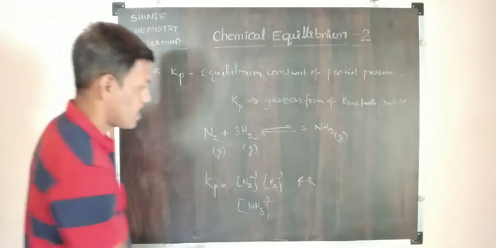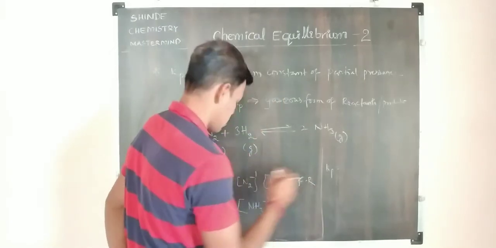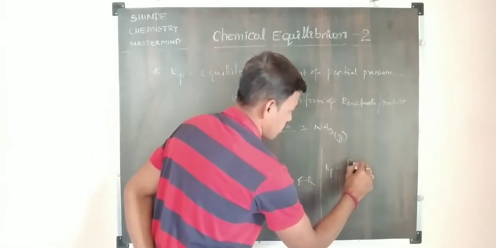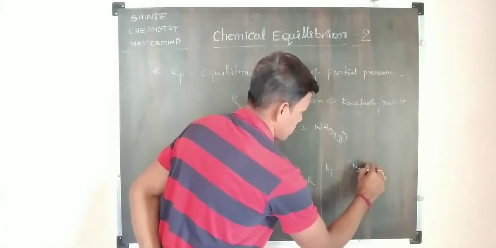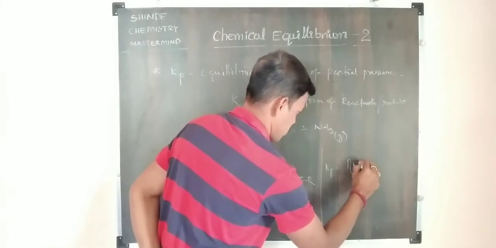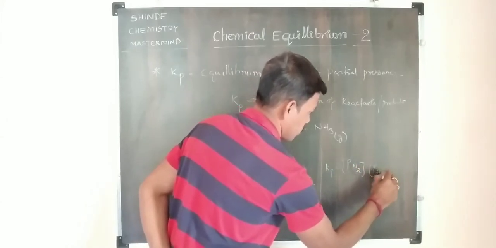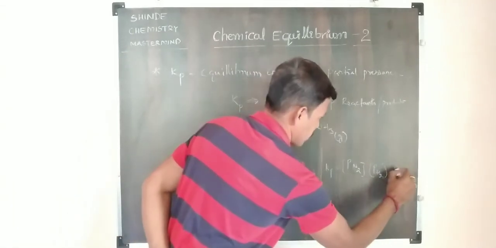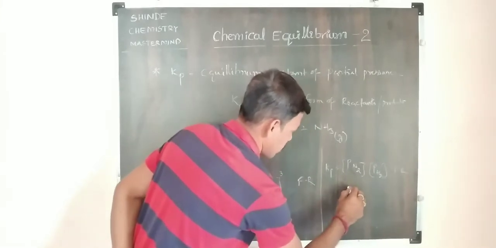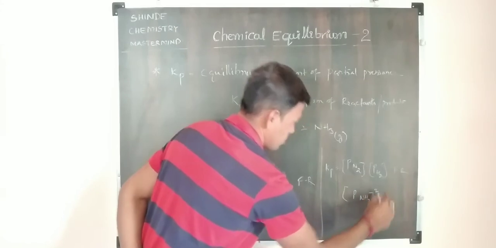So instead of writing like this, we have to write Kp equals partial pressure of nitrogen and partial pressure of hydrogen in the forward reaction, and in the backward reaction, partial pressure of ammonia, here 2.